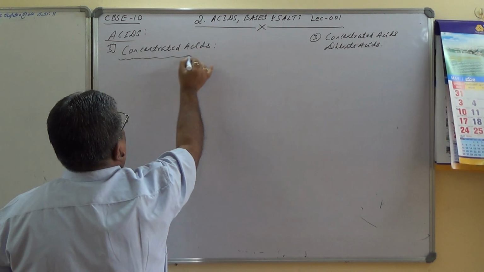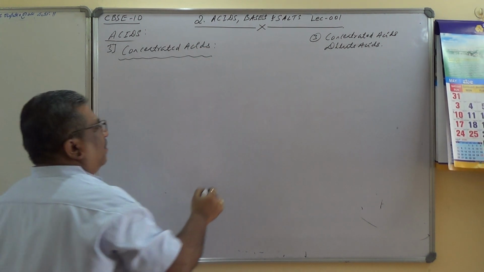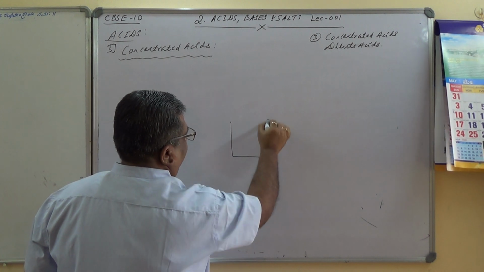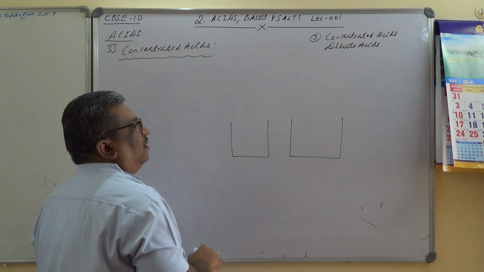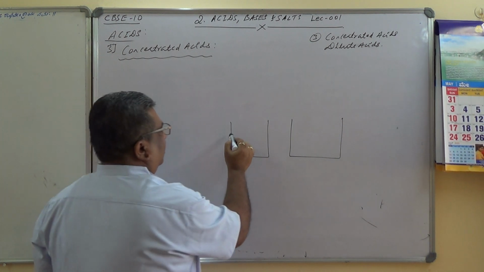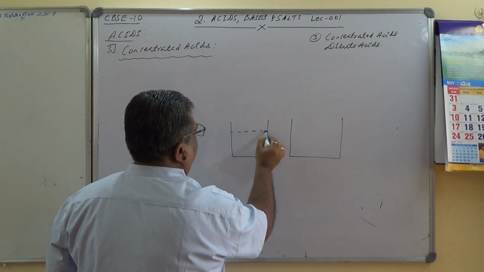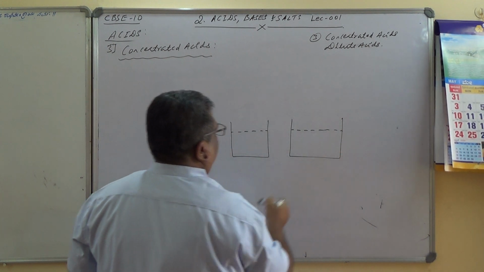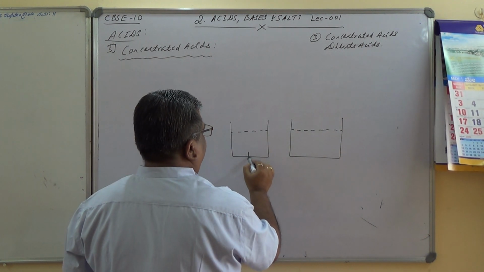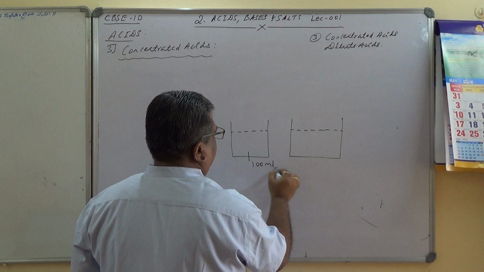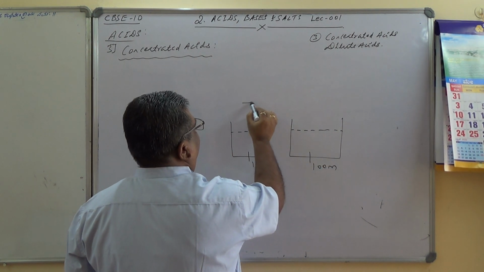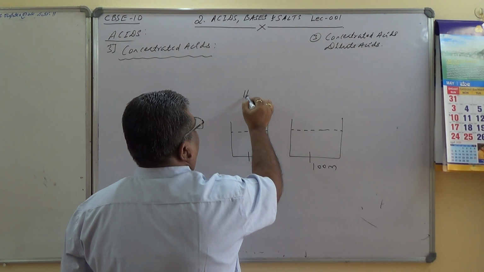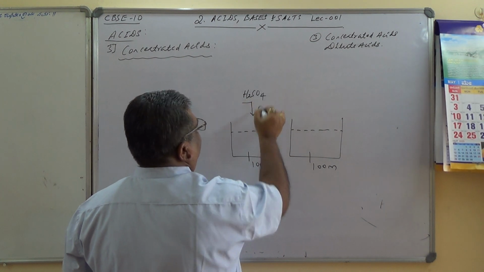Just to explain what concentrated and dilute mean, here I will take two beakers. Water, say for example in both cases 100 ml, and you are adding H2SO4 sulfuric acid.